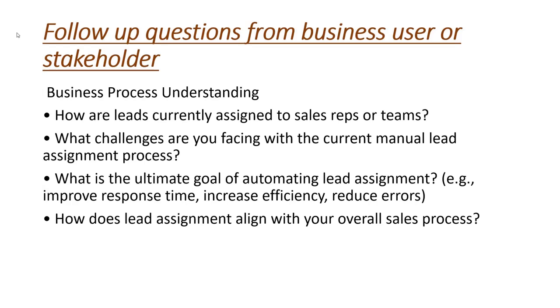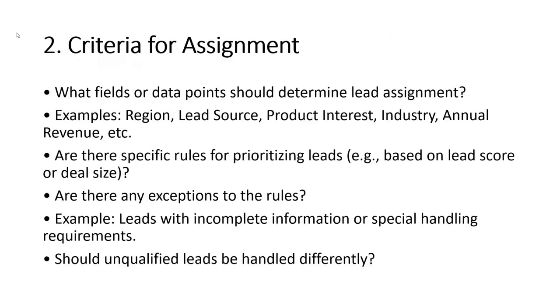How does lead assignment align with your overall sales process? That is very important. These are the follow-up questions that you will ask to understand the business process from the business users.